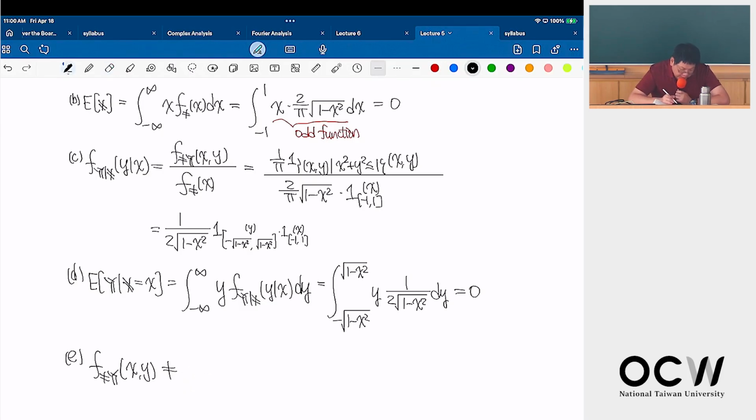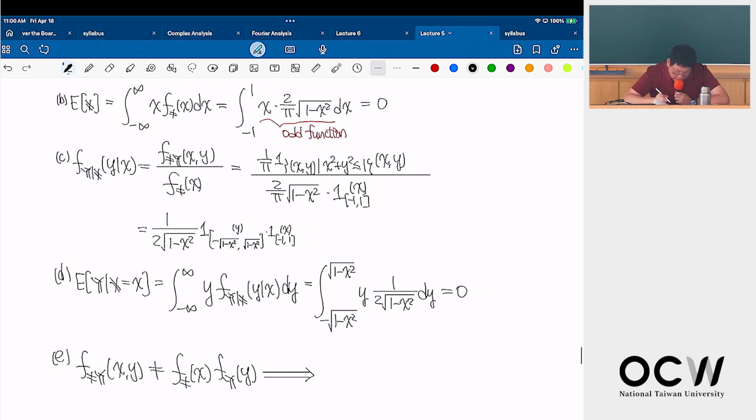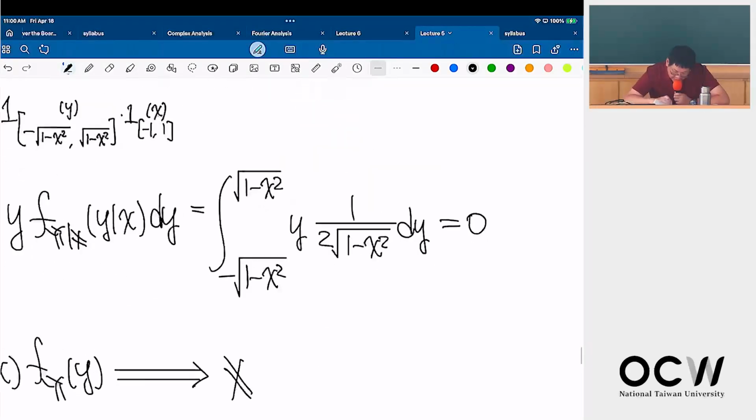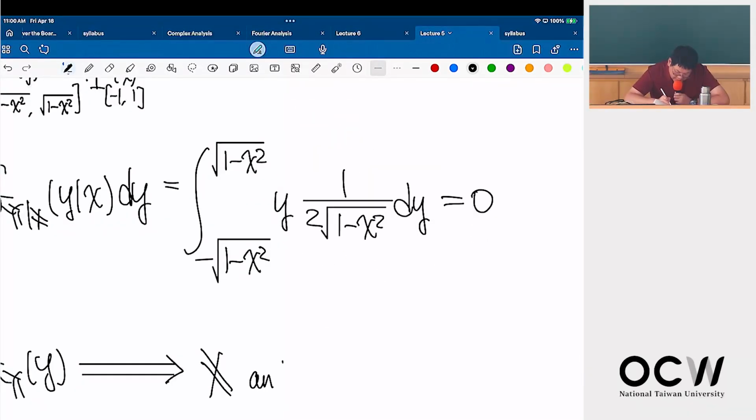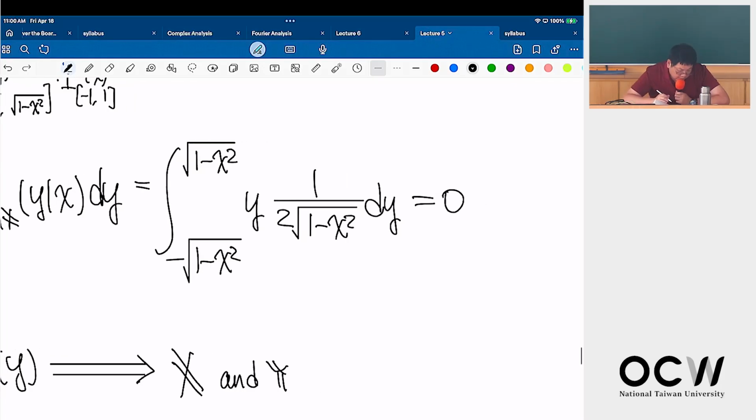So it is not equal to the multiplication of your marginal PDF. X and Y are not independent.